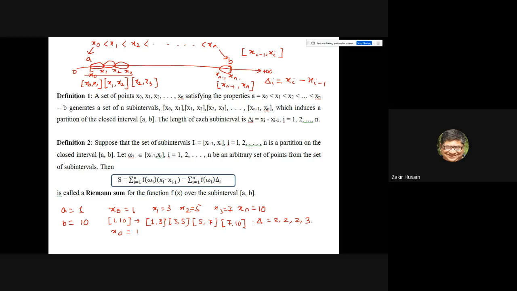You still have 1 and you have got xn equal to 10. Give me any 3 other numbers between 1 and 10.